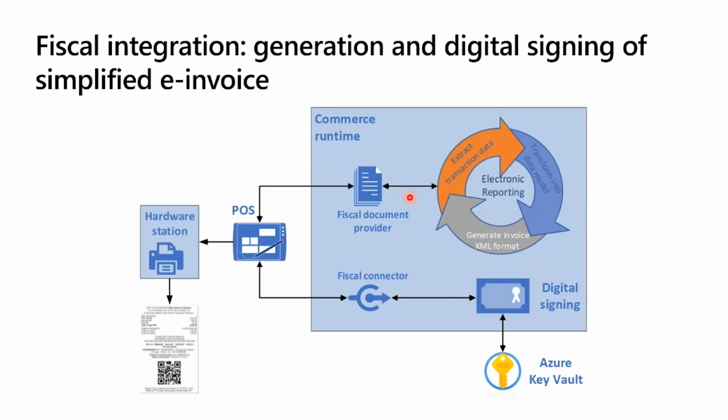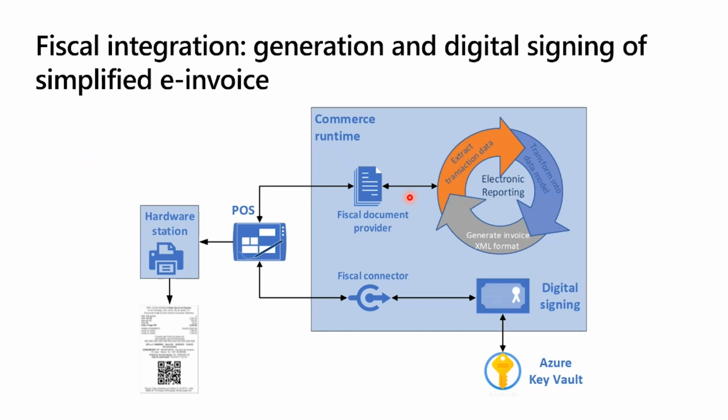so let's talk about how electronic invoice generation looks in Dynamics 365 Commerce. To generate electronic invoices on the commerce channel side, we use a so-called fiscal integration functionality that exists in Dynamics 365 Commerce.